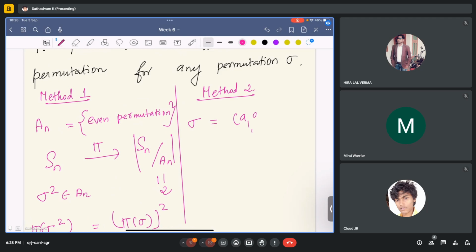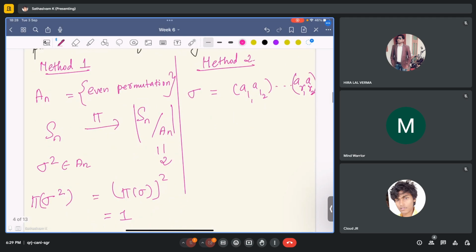Let me write a11, a12, etc., a r1, a r2. Now, if you write sigma square, the sigma square will basically become a11, a12, etc., a r1, a r2, times again the same thing.